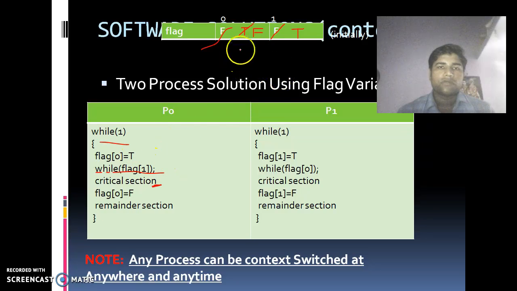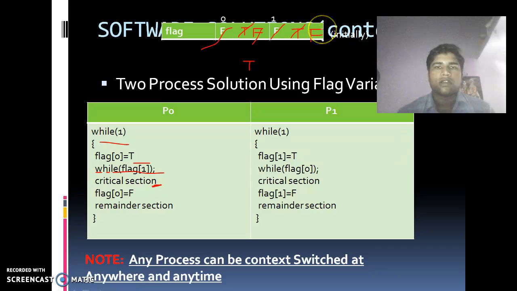Suppose we make both flags false. Now go here. Flag 0 makes it true. Now again it comes here. Now we context switch here.